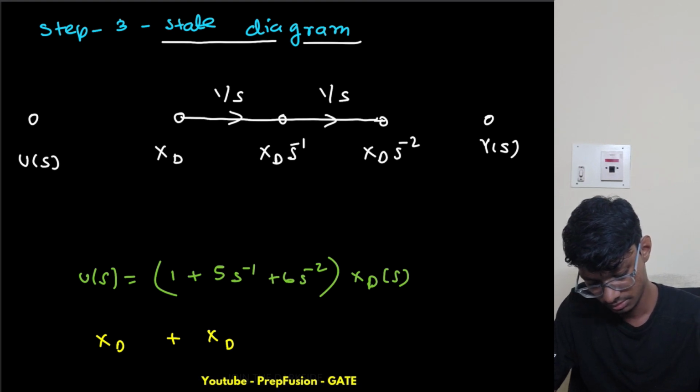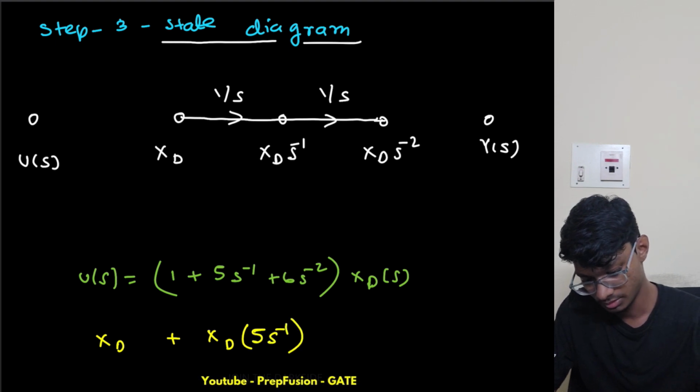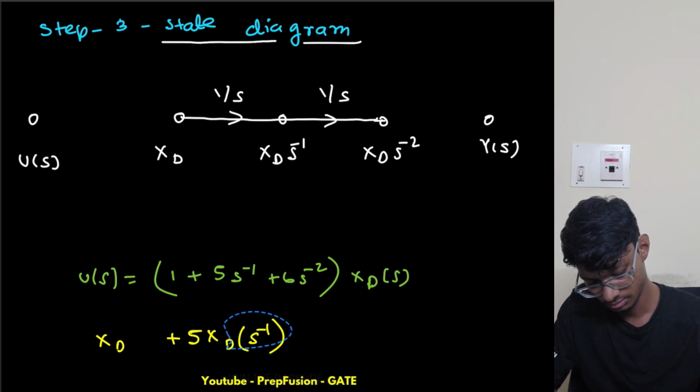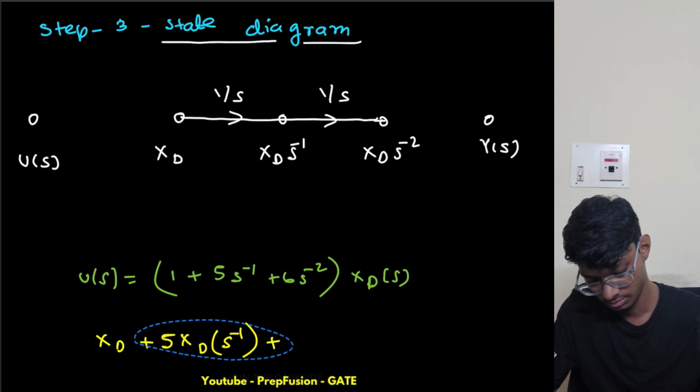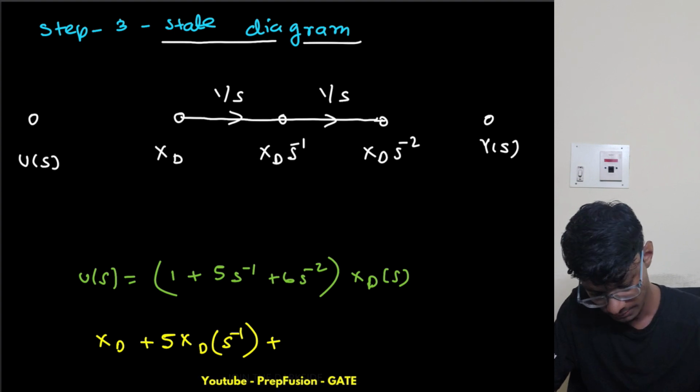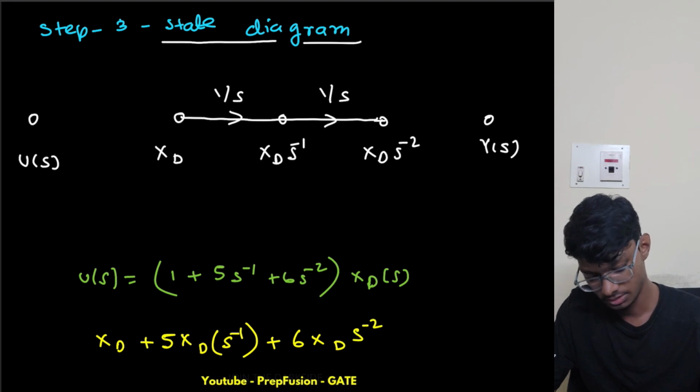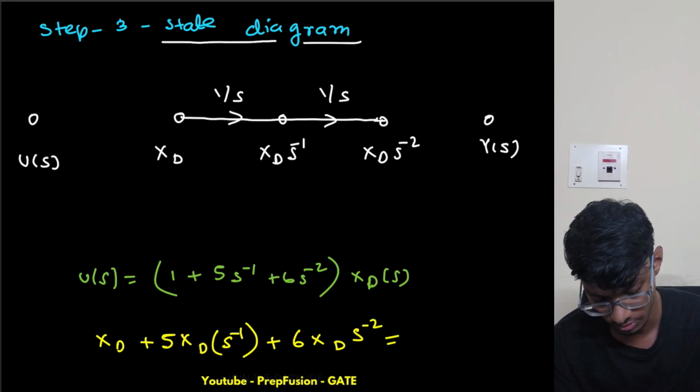This is 5 times s inverse, so let me put the s inverse and 5 on the outside, and this is 6 xd s to the power minus 2, equal to u of s.